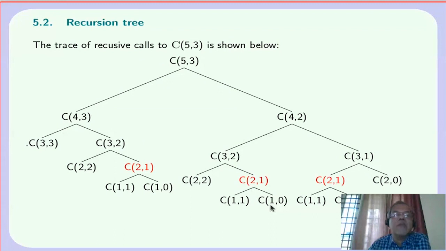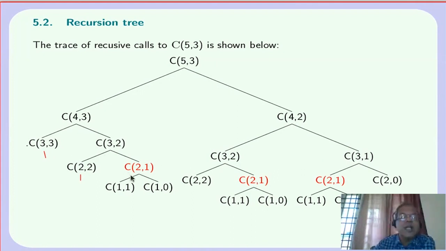For example, C of 5 comma 3 is C of 4 comma 3 plus C of 4 comma 2 and so on. C of 4 comma 3 is C of 3 comma 3 plus C of 3 comma 2. This is a base case, equal to 1. C of 3 comma 2 is C of 2 comma 2 plus C of 2 comma 1. This is a base case, 1. C of 2 comma 1 is C of 1 comma 1 plus C of 1 comma 0. Both are base cases and so on.